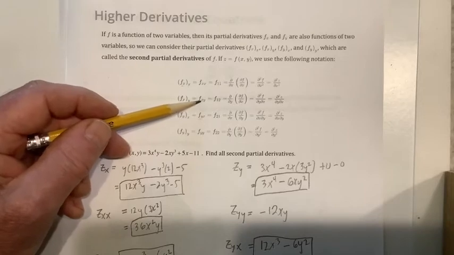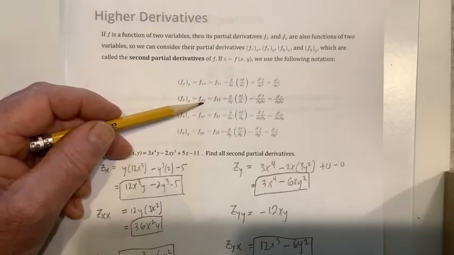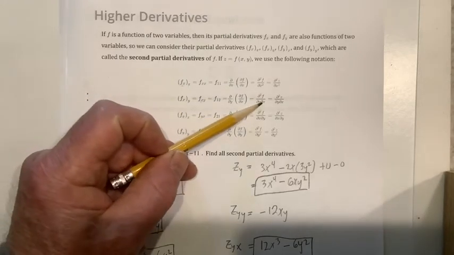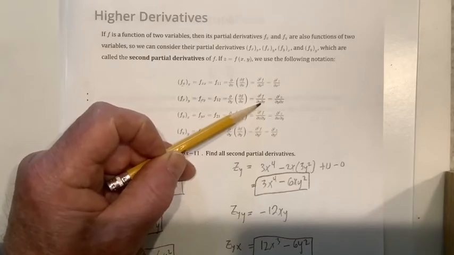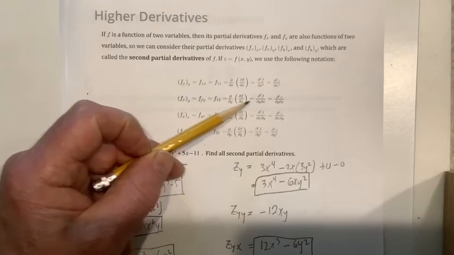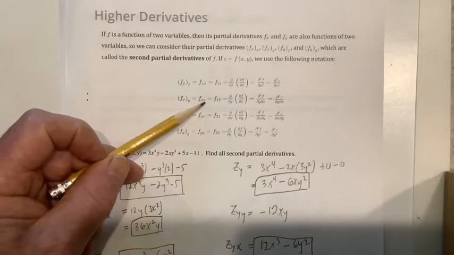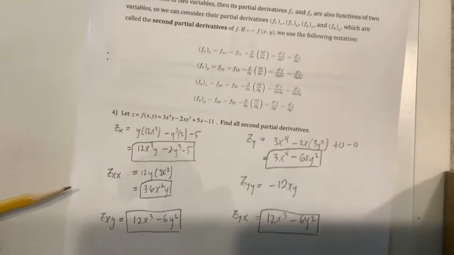So make sure you don't get the order mixed up. You first take the derivative with respect to x, and then you take the derivative with respect to y. But if you use this notation, you see here the dx is actually the inside one. So make sure you notice that. Here you take the partial with respect to x first and then y. It's written like this, but if you use this notation, it would be x then y. So make sure you understand that.